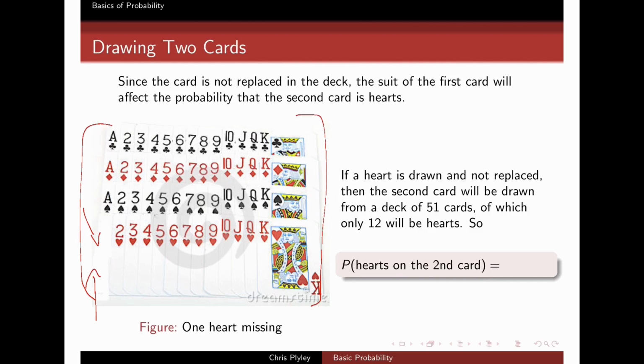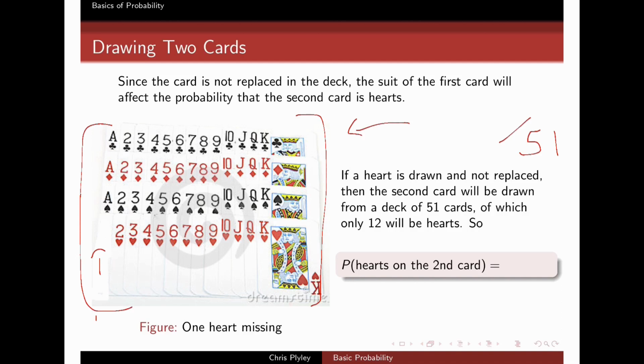So if that heart is drawn and not replaced, and I asked you to close your eyes and draw from this deck on the left, what's the likelihood that you get a heart? Well, thinking about my old-fashioned rules on probability, I look at this entire collection of cards and I know that I have 51 cards, not 52, because one of the hearts is missing.